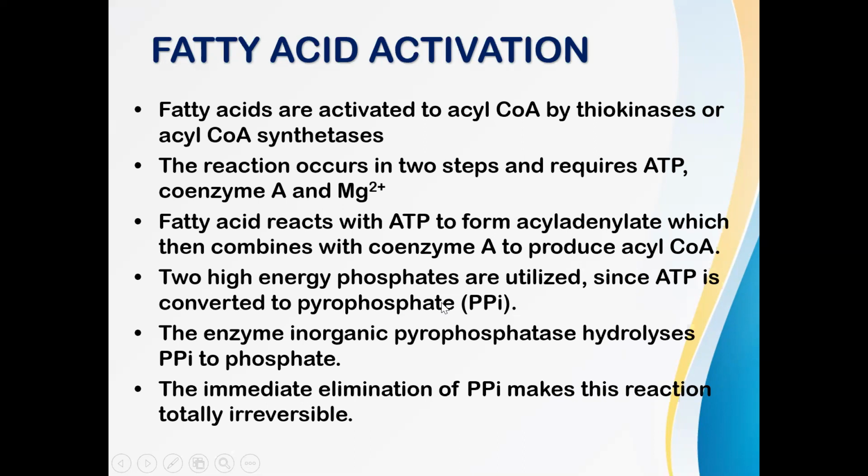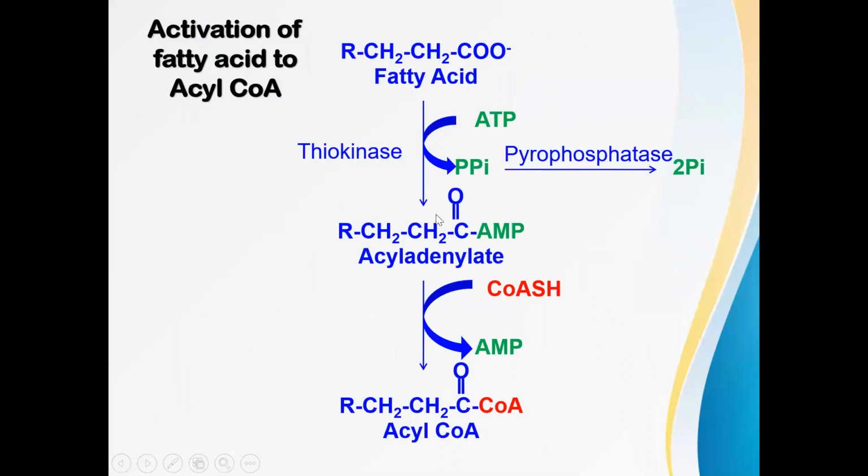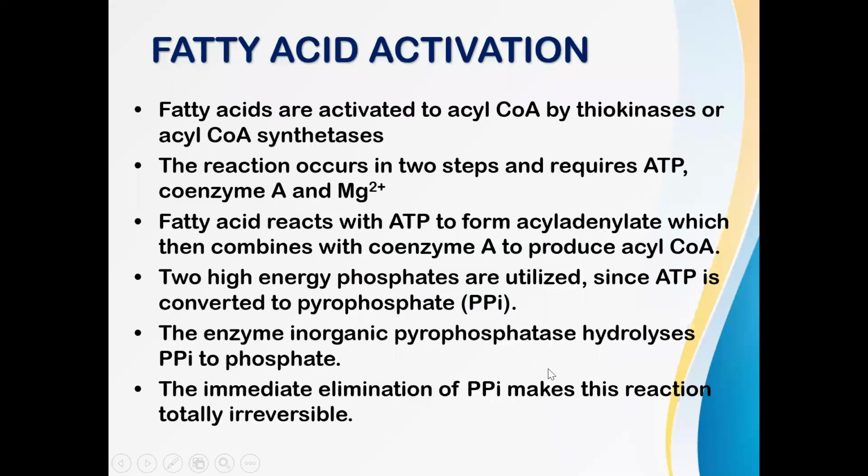Two high energy phosphates are utilized since ATP is converted to pyrophosphate. Then the enzyme pyrophosphatase hydrolyzes this pyrophosphate to phosphate. Since this pyrophosphate is immediately eliminated, this makes this reaction irreversible. The activation of fatty acid to acyl-CoA is an irreversible reaction.